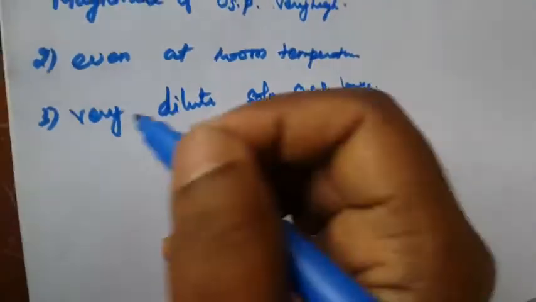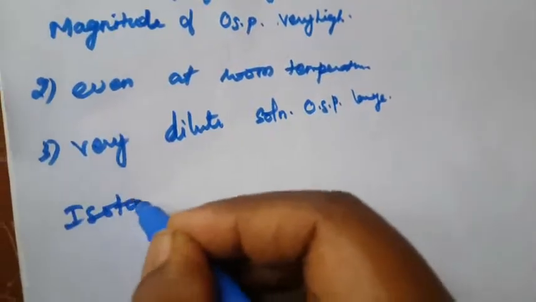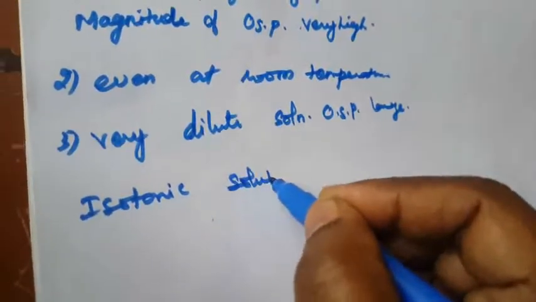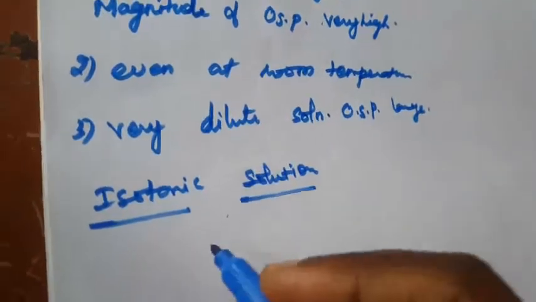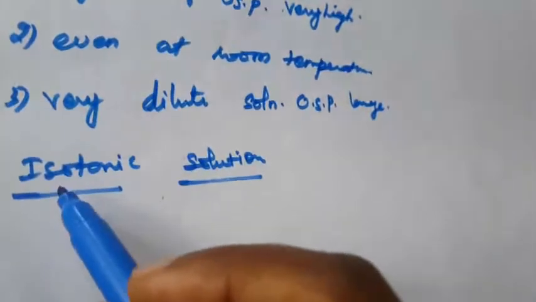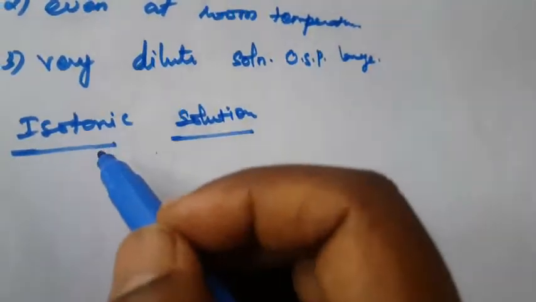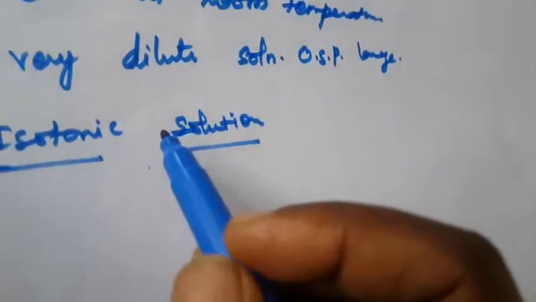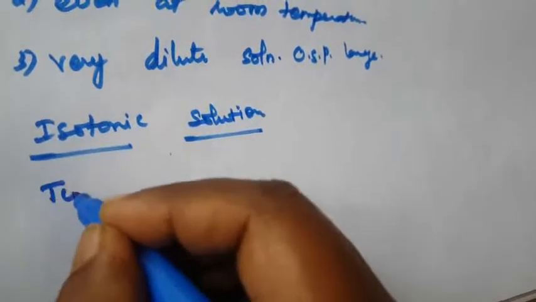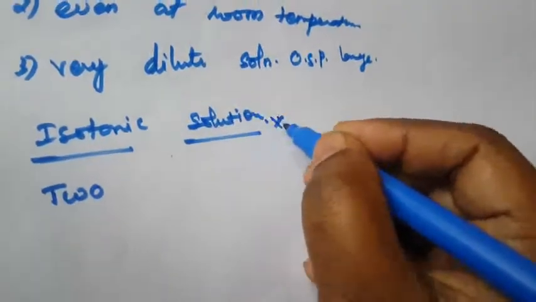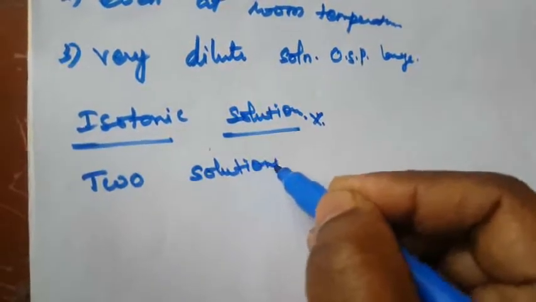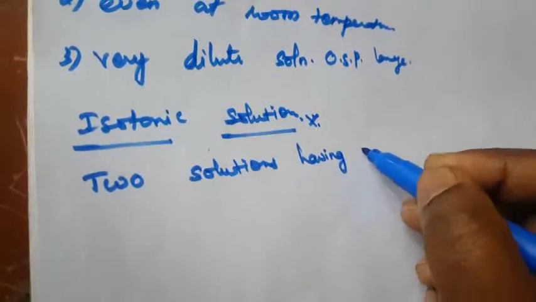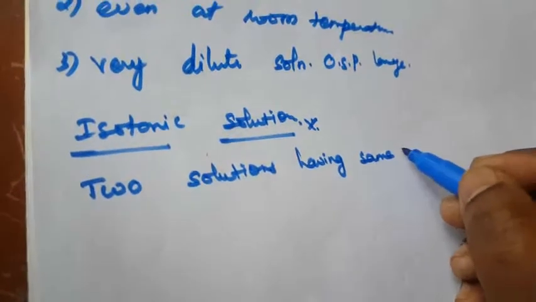Next we are going to see what is meant by isotonic solution. Iso means same.